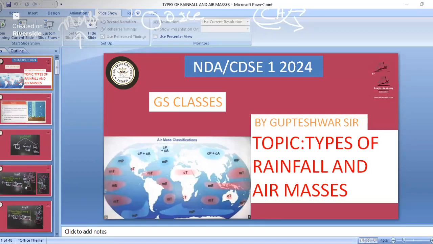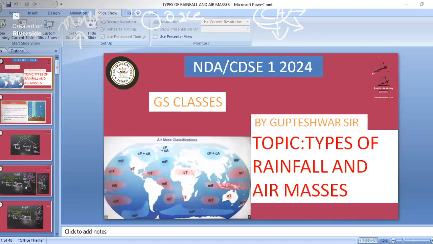Now from this part you can understand, if you see it on the world map, all those different types of air masses. By understanding what the first letter denotes and what the second letter denotes, you can easily understand on the world map which type of air masses will be present in which region.